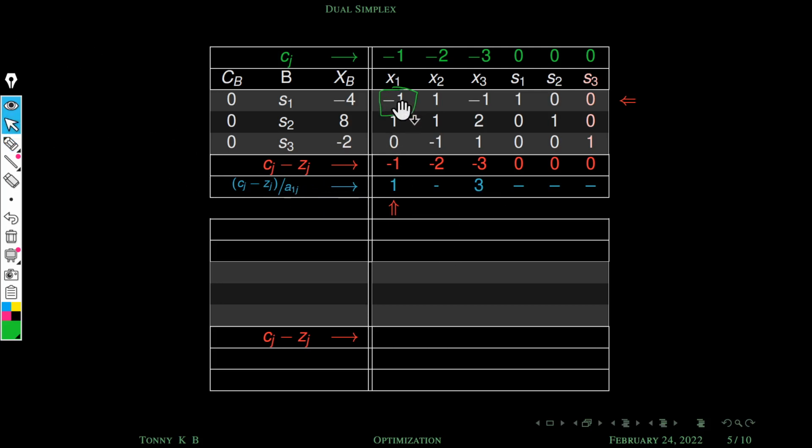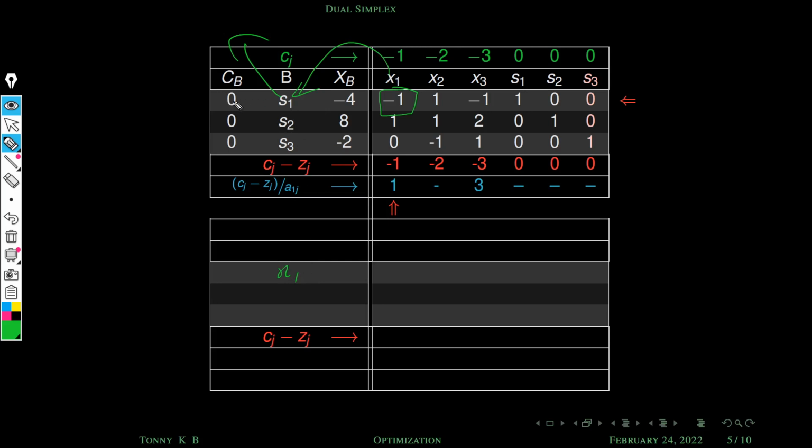So to convert this minus 1 to 1, we have to multiply this row with minus 1. Before that, we have to remove the non-basic variable. Which one is the variable in the first row? s2 will leave the basis and x1 will enter the basis. So here it is x1.